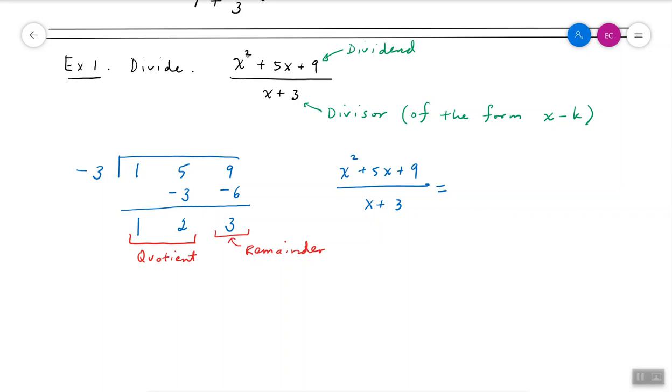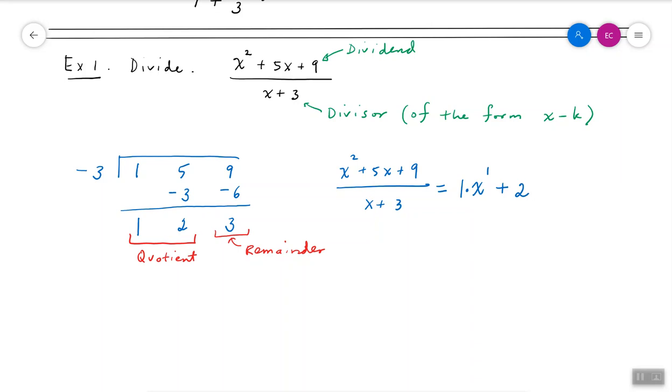So the dividend started with x squared, and so the quotient starts with x to the first. And so x to the first with a coefficient of 1 is, here, let's go ahead and write it out one time. 1 times x to the first. And then after x to the first is just the constant power, which is 2. And so there's our quotient, x plus 2.